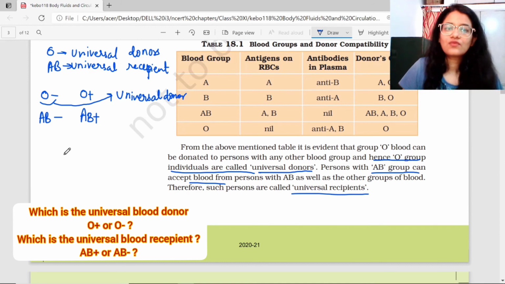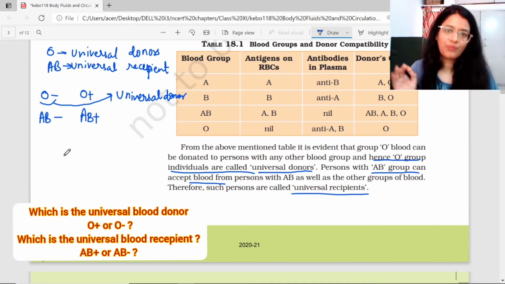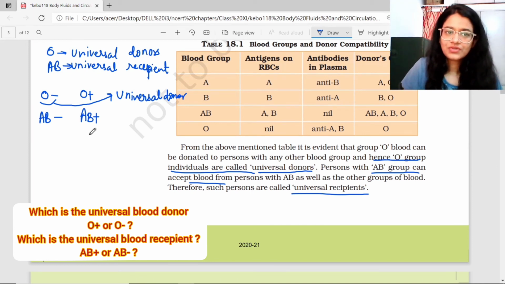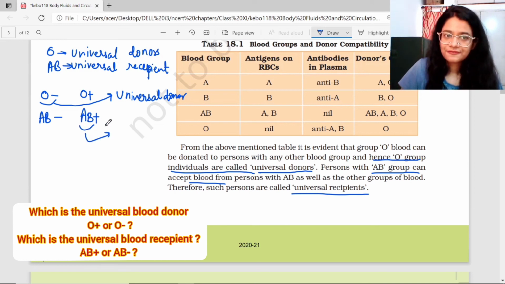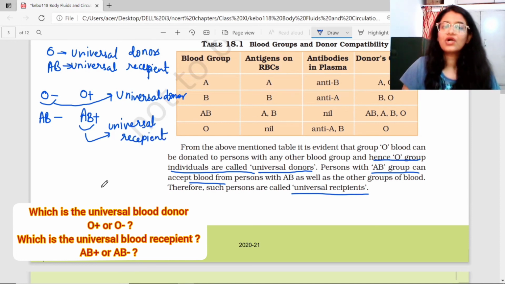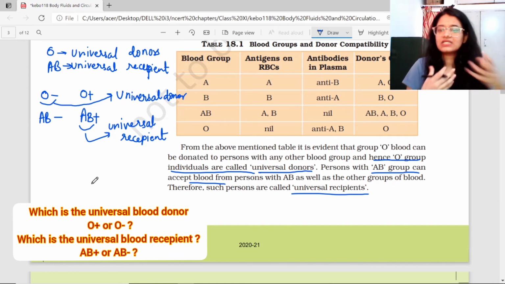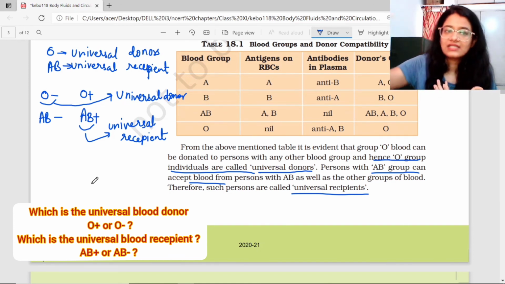Now let's talk about which can be the universal recipient out of AB negative and AB positive. The recipient, the one to whom you are giving blood, will be AB positive, the universal recipient. How? Because if you give blood that is positive, it will accept.